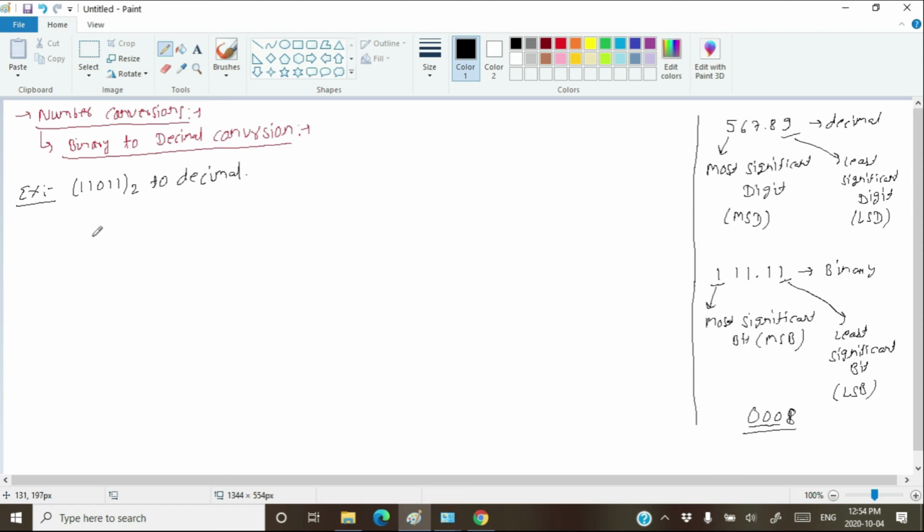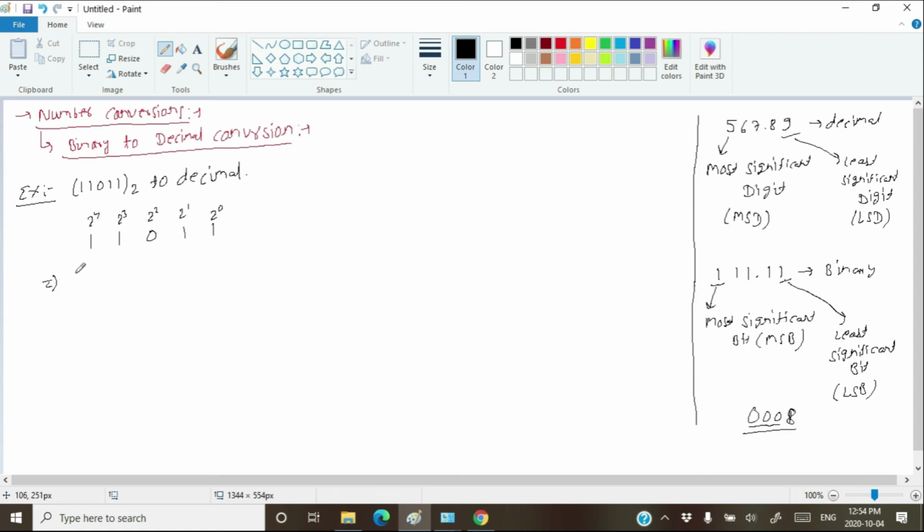What you do is just write these numbers 1, 1, 0, 1, 1, give them weights starting from 2 to the power 0 from right to left: 2 to the power 0, 2 to the power 1, 2 to the power 2, 2 to the power 3 and 2 to the power 4, and then multiply corresponding bits by the weights and add them.